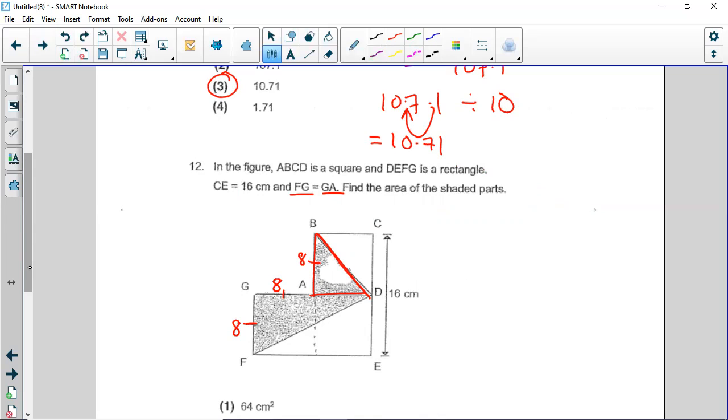Okay. All right. And then what else? And then you can see that we can find what? We can find the area of this triangle. Okay, so how do you find the area of this triangle? Because this is also 8. So you actually have what? You have a square, right? A square means all sides are the same.